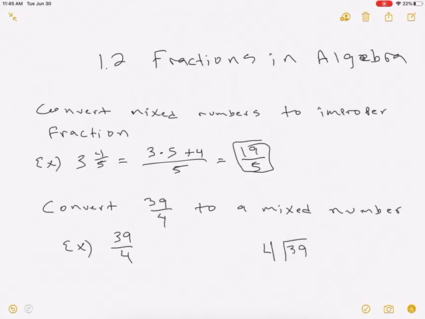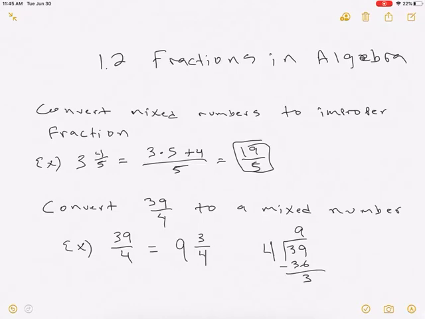How many 4s fit into 39? 9 times 4 is 36. Subtract, there's a remainder of 3. So how this looks is 9 wholes, 3 is the remainder, over always 4, the same denominator.